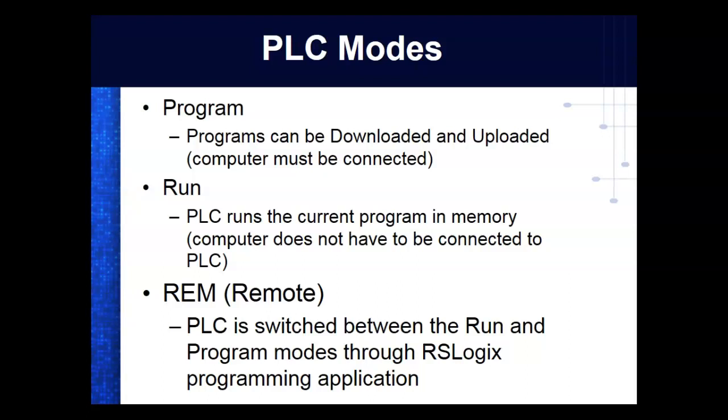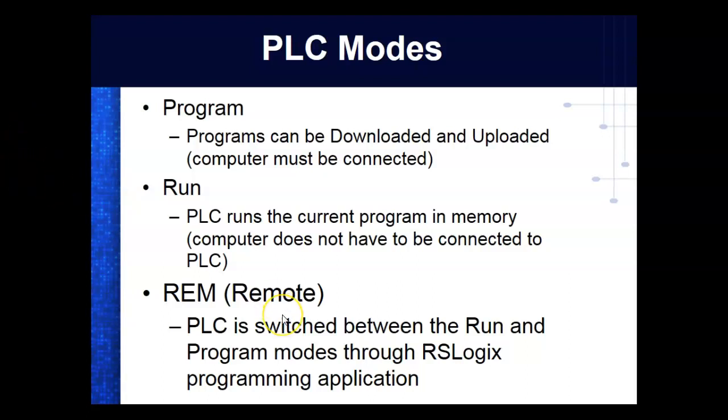PLC modes, we already know these. So we have 3 modes we can put our PLC in. Program mode, this is when we can download a program into it. Run mode, this is when the PLC runs the program, whether you have a computer attached to it or not. We're using remote mode, which allows us to do what?